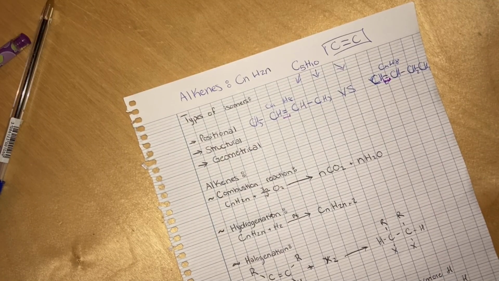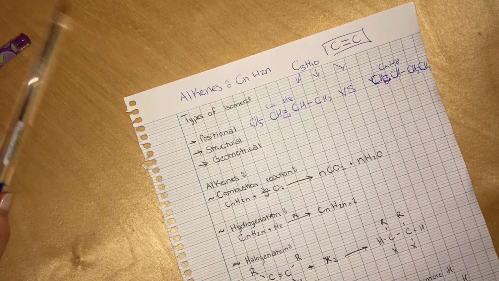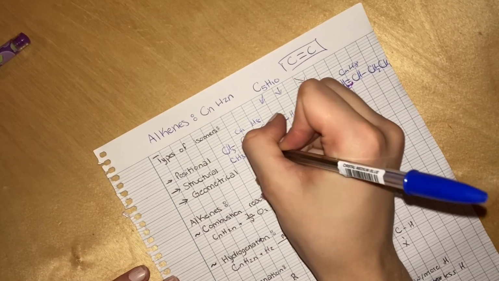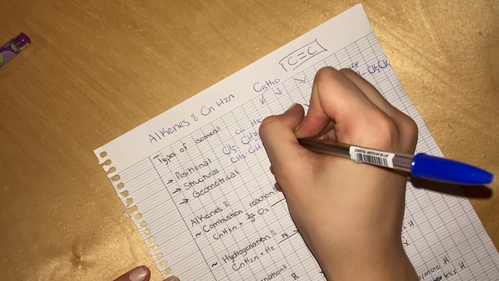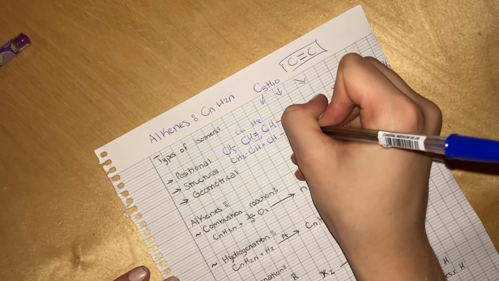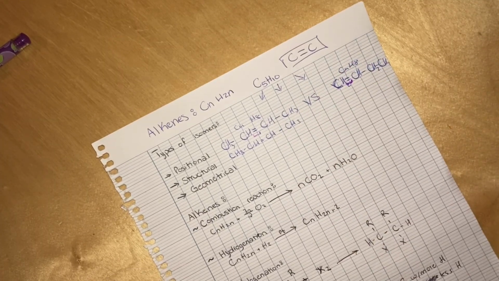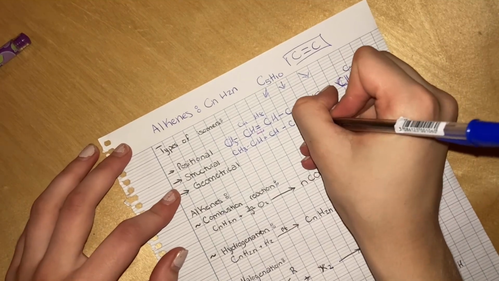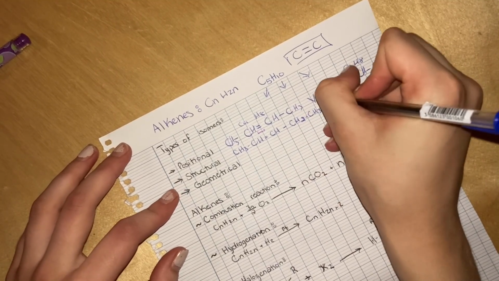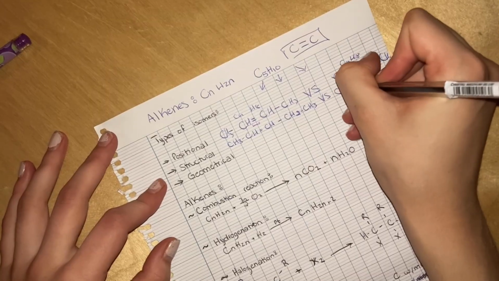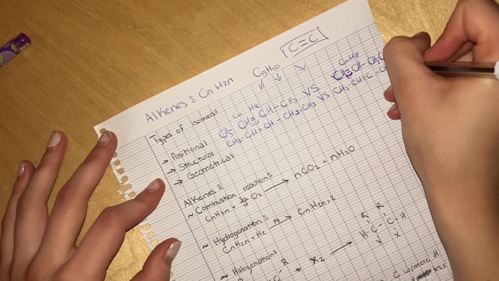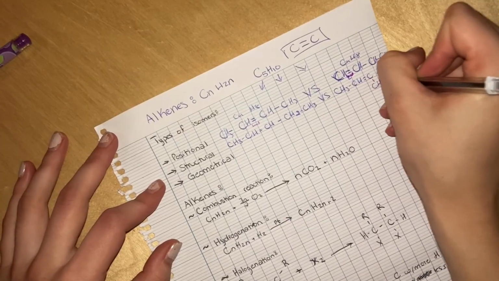Now, structural isomers are isomers that are branched differently. For example, actually, I'll just make that a 2. Okay, and then CH3, CH, double bond C, single bond CH2, CH3.